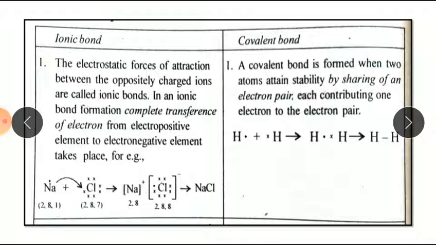But in a covalent bond, when it forms, the two atoms attain stability by sharing an electron pair, each contributing 1 electron to the electron pair. In this way, the covalent bond will be formed.